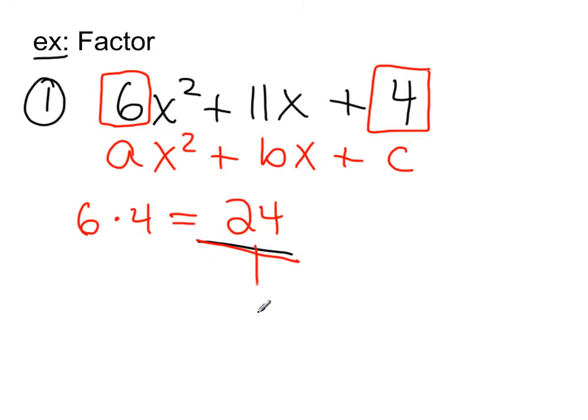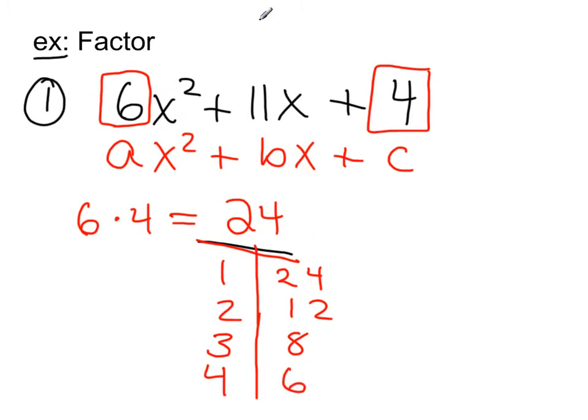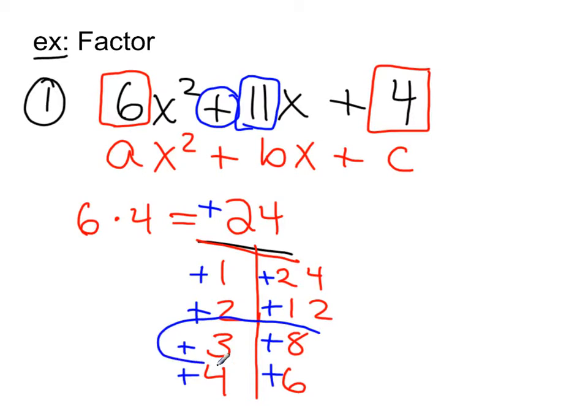So we are going to have 1 and 24, 2 and 12, 3 and 8, 4 and 6, and that's all the factors. Now b still determines the sign, and the b is positive, so the bigger factor here will have to be positive. Because AC multiplied together to get us a positive number, the other factor will have to be positive as well. And we need the factors that add up to positive 11. The only ones that do that are positive 3 and 8.